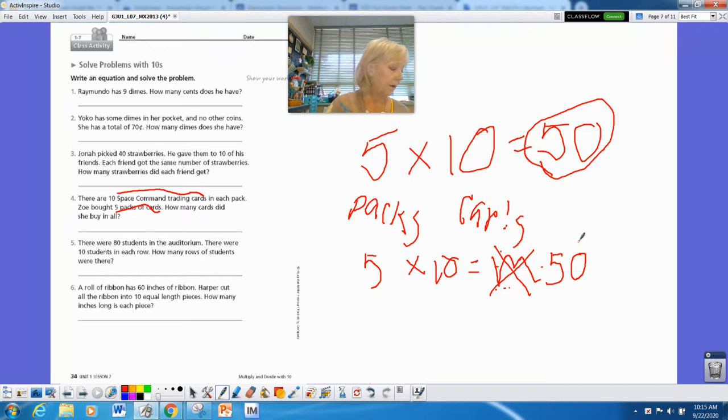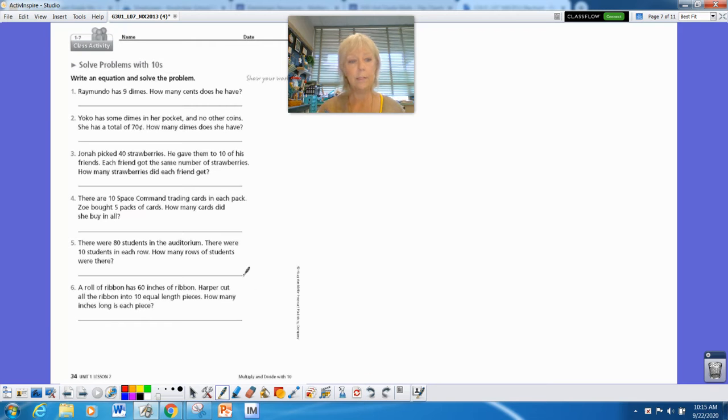Okay? All right, so what if I wrote instead, let's look here at number 5. What does it say? There were 80 students in the auditorium. There were 10 students in each row. How many rows of students were there? Okay, so how many students? We have a total of 80.